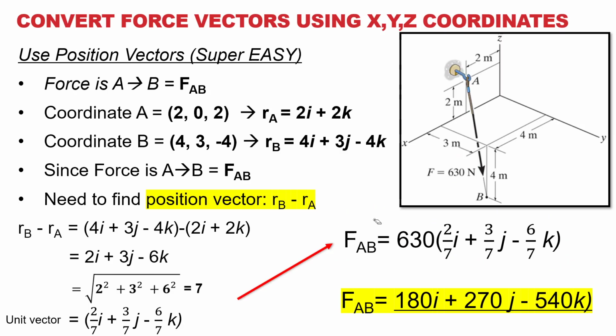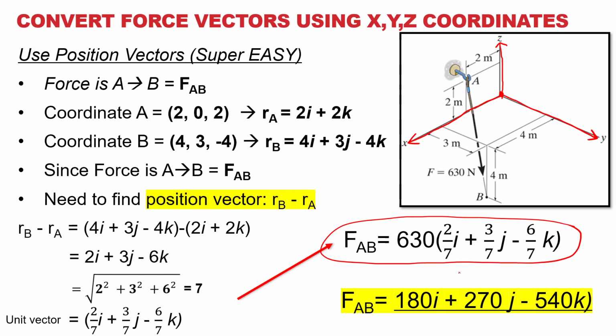For example, here you can look. I have a coordinate system at an origin here. It has x, y, and z axis. So all these things I can convert into vector like this easily using coordinates.